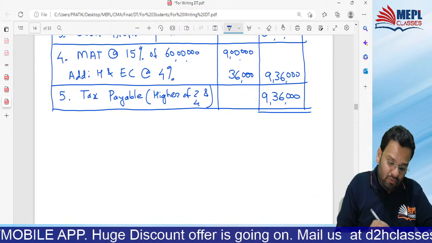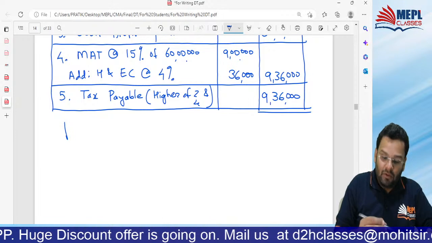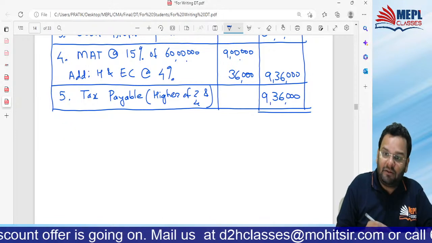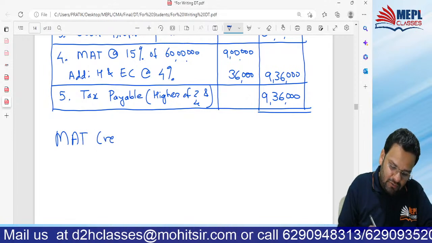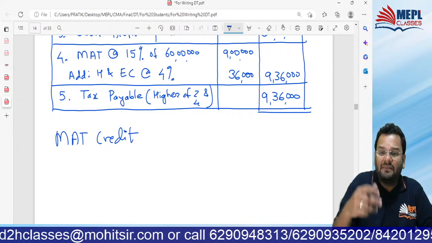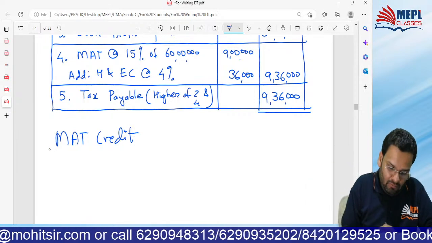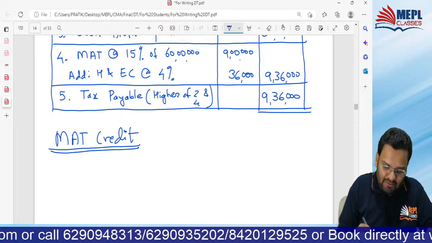Okay, now there will be MAT credit. Why there will be MAT credit? There will be MAT credit because MAT credit means extra MAT paid over and above normal tax.